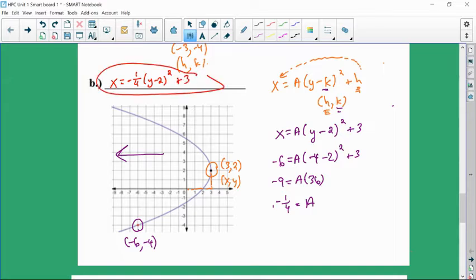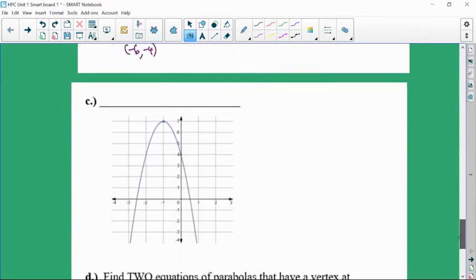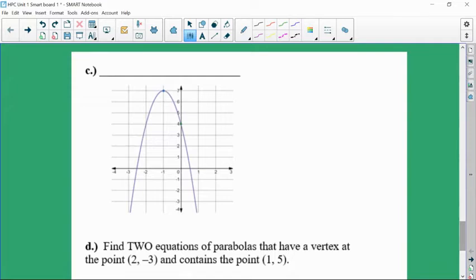Okay, excellent. And then another one here. This one has a vertex at -1, up 7. And I notice it also contains the point here, 0, 4. So, again, thinking vertex form, y equals a, x minus h squared plus k.